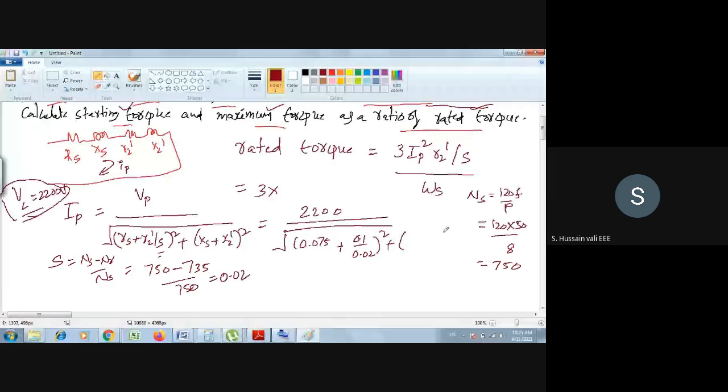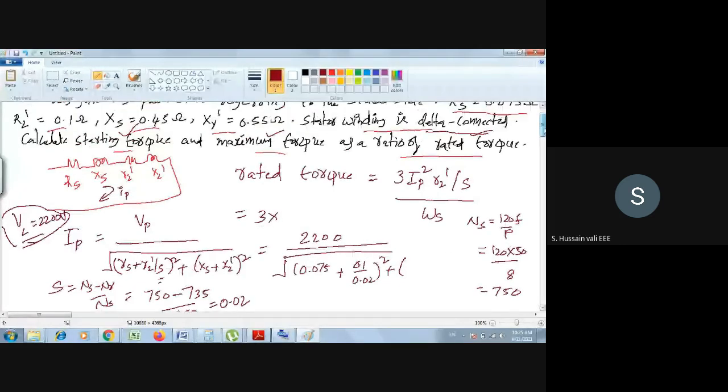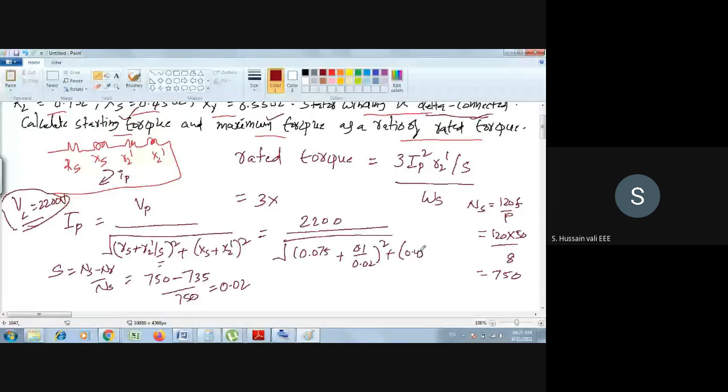So then S value put here, 0.02 whole square, plus the X value. How much has he given for the X value? 0.45. So 0.45 plus 0.55 whole square, whole square root. So this is the value of I phase. We need I phase now. Please do this simplification.